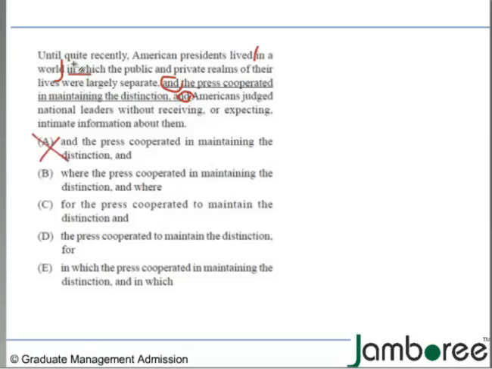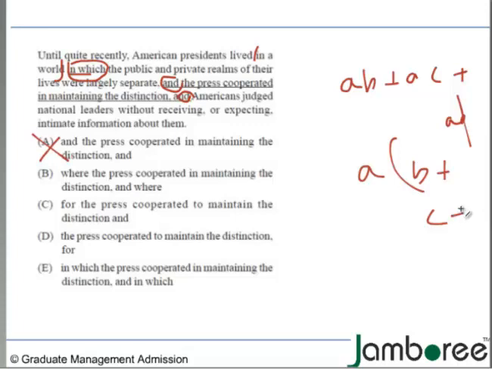I also like to see "in which," right? Now remember, in this case it can be AB plus AC plus AD, right? Or it can be AB plus B plus C plus D, right? And I don't need the "in which" everywhere, but I can have it also.